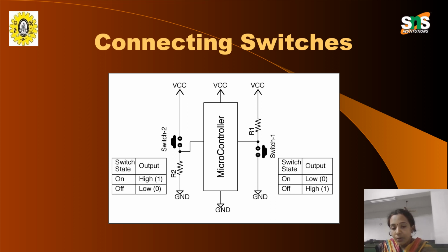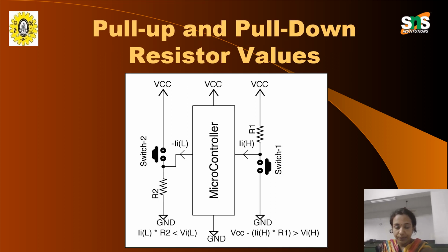So here the microcontroller MSP430 is connected between the resistor and the switch. The resistor goes top and the switch comes down on the right hand side for switch number 1. But for switch number 2, the switch goes up and the resistor comes down. So this changes the working principle of the switches.